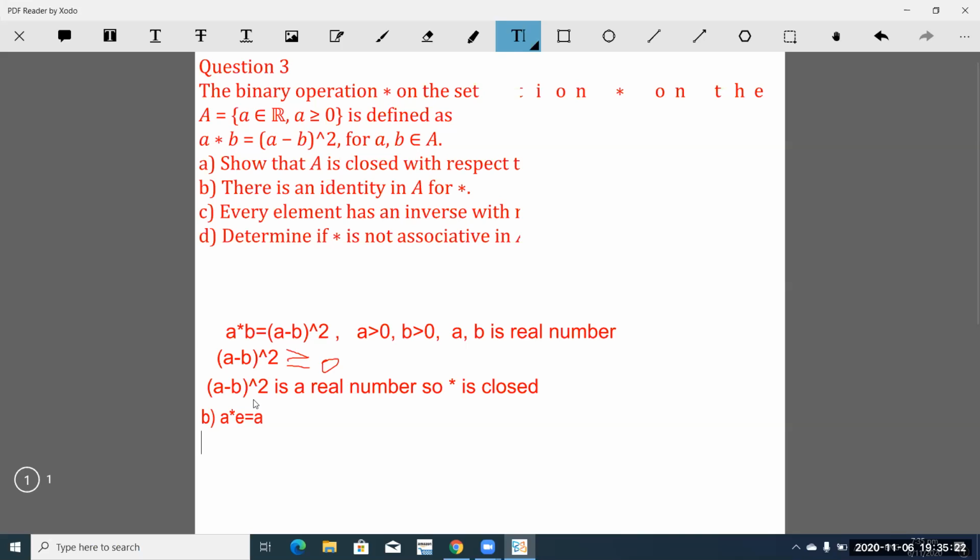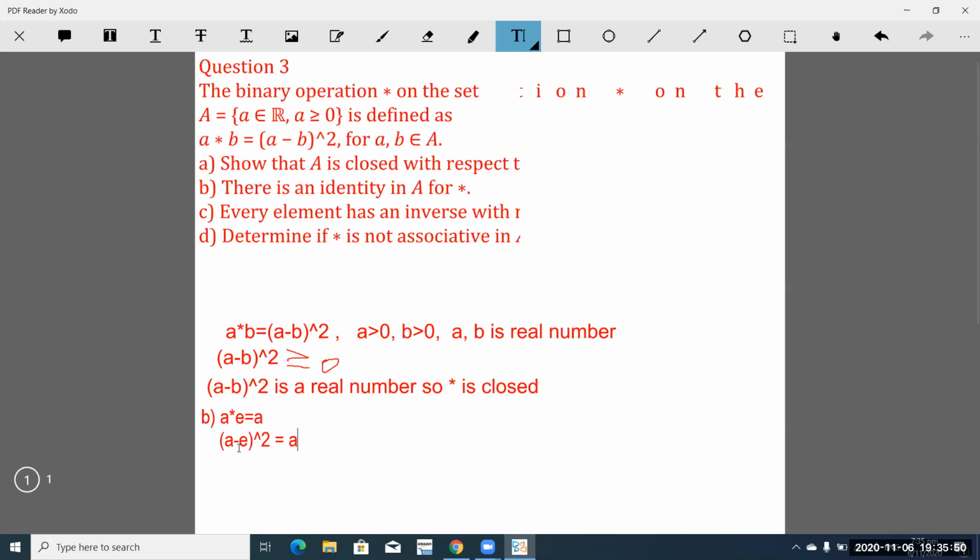So what is A star E? It would be A minus E, squared. Very good. A minus E squared, and that's equal to A, right? Yes, sir. So we have A minus E all squared is equal to A.